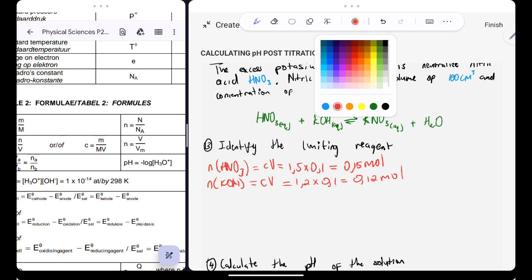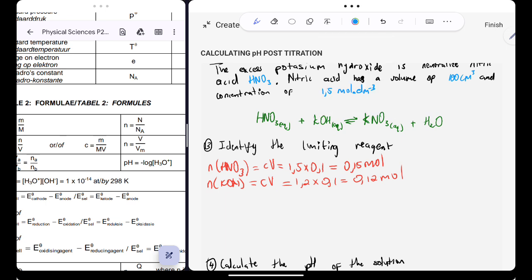I know that one nitric acid will give me 1 mole of potassium nitrate, but now I have 0.15 moles of nitric acid.